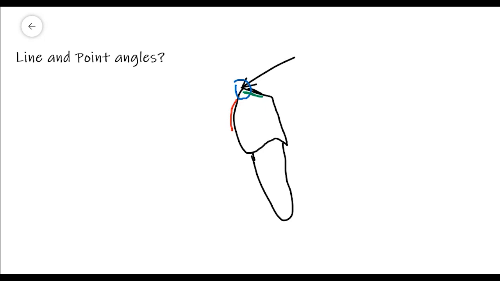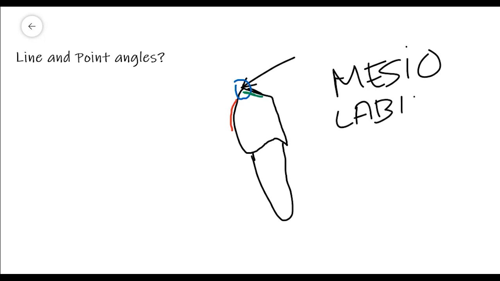Now at this particular point, three surfaces are meeting, so we call this mesio, because of the mesial surface, we use the term labio because of the labial surface, and incisal because of the incisal surface. Now, mesio-labio-incisal angle, because three surfaces are meeting.